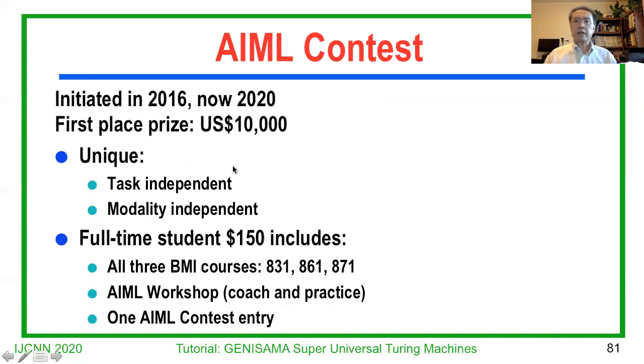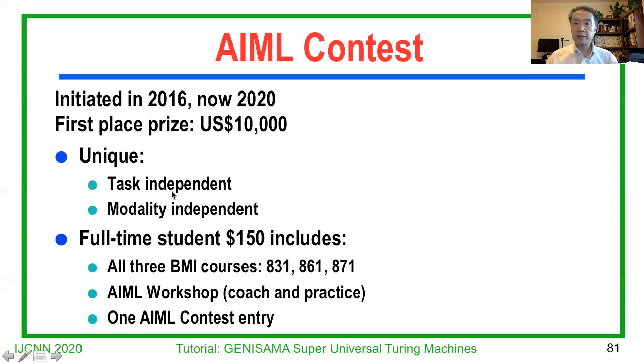And we also have a contest, because we don't encourage people to just try programming on the data. We started in 2016. The first prize is $10,000. Thank you to Genesema for the donation of the prize money. It's unique, no contest like that.